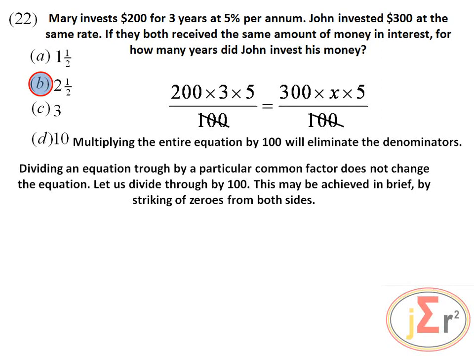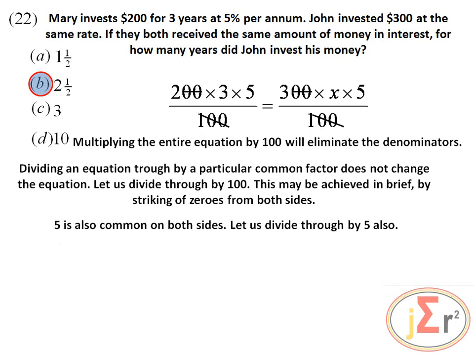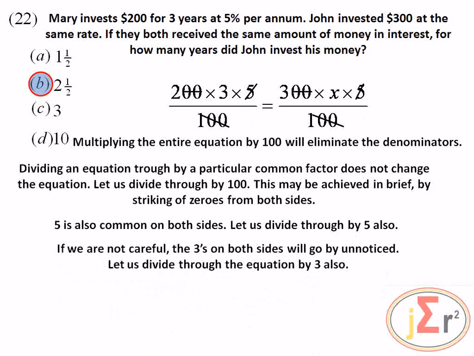This may be achieved in brief by striking off zeros from both sides, like that. 5 is also common on both sides. Let us divide through by 5 also. Lovely. If we are not careful, the 3's on both sides will go by unnoticed. Let us divide throughout the equation by 3 also.